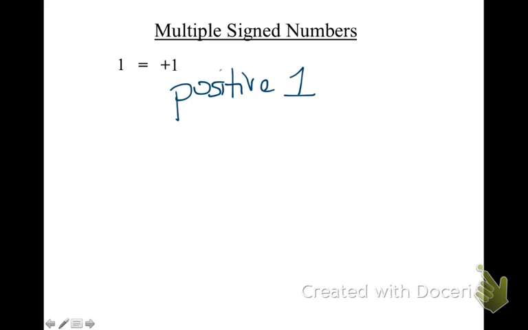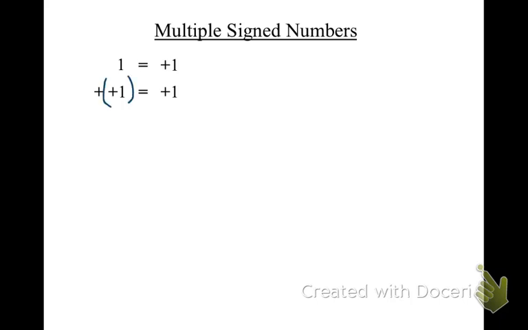So by itself, it's just a +1. Now, if I have a positive times a positive, what do you think it's going to give me? Another positive. Now, in my example, I'm not putting parentheses there, but imagine that there are little parentheses all around them. A positive times a positive ends up with a positive.